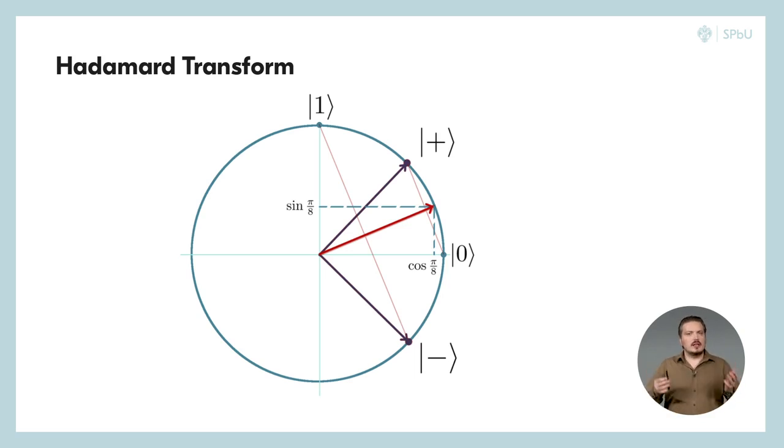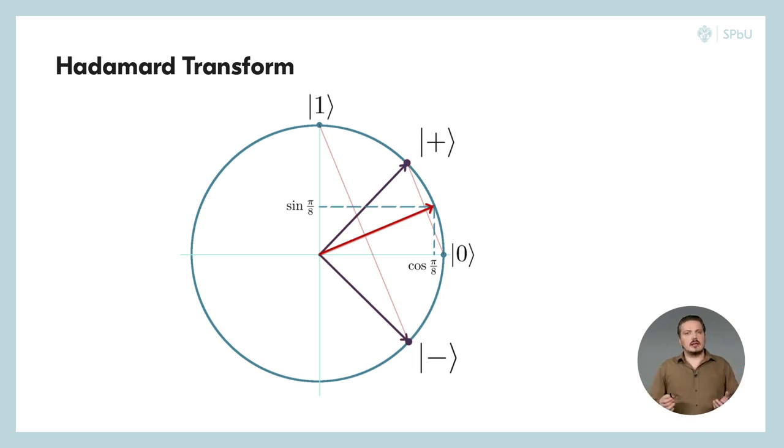So the vector collinear to this direction is not modified by the Hadamard transform. This vector has the angle pi divided by 8 with the 0 vector, so we can easily compute its components, cosine pi divided by 8 and sine pi divided by 8.